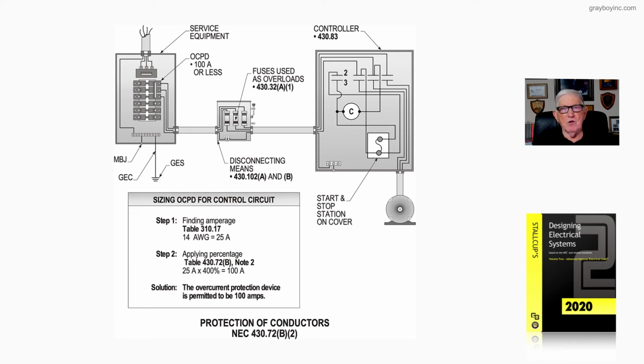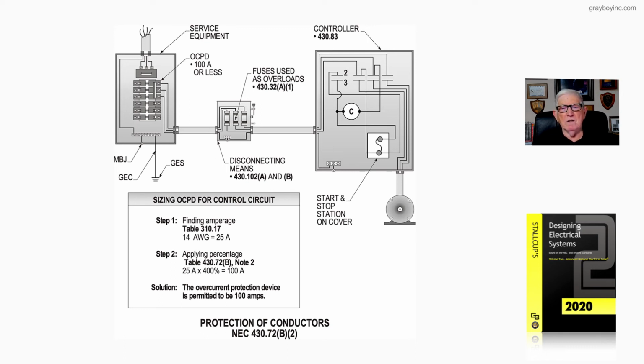Use the 60 degree column, so number 14 has a 25 amp rating for free air. And the application of the 400% rule that we selected from our Table 430.72B, we would apply the math, we'd come up with 100 amp.